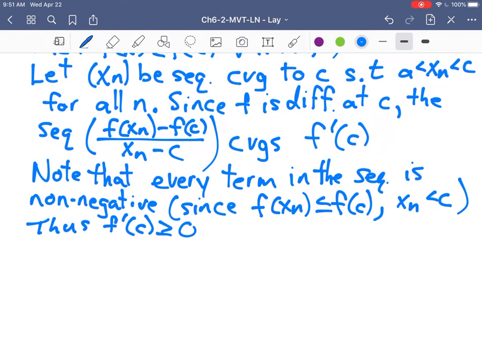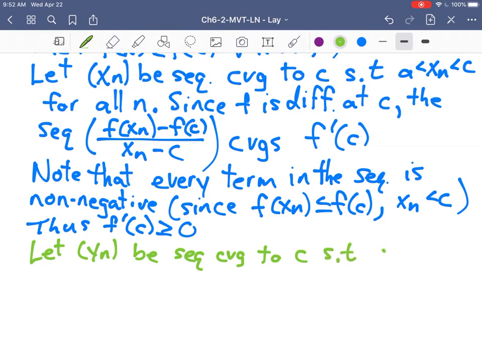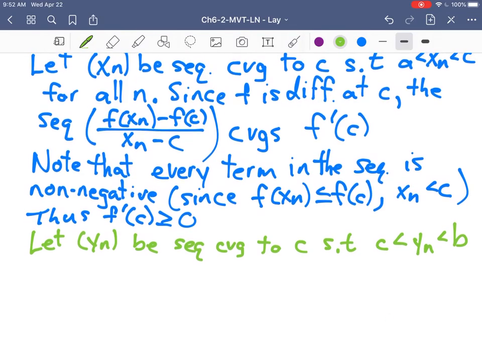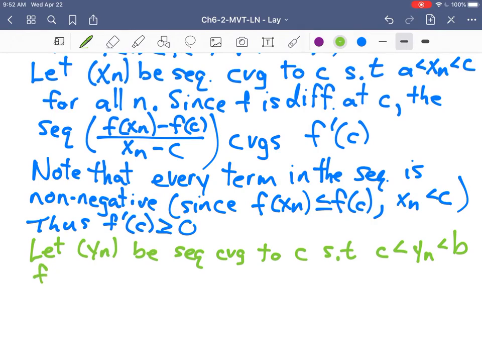So now we'll go through a similar argument with a second sequence. Let's call it y sub n, such that this time we are going to choose the sequence to be values coming from the right of c, so that c is less than y sub n for all n.